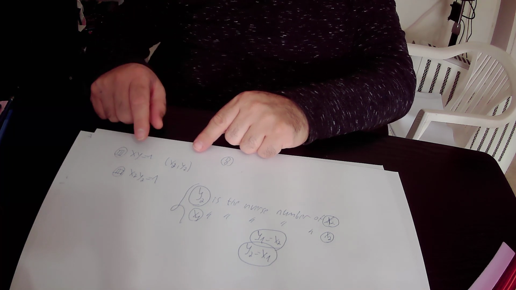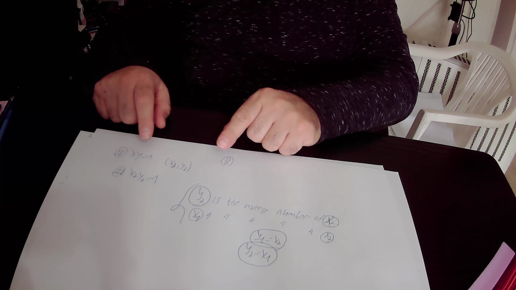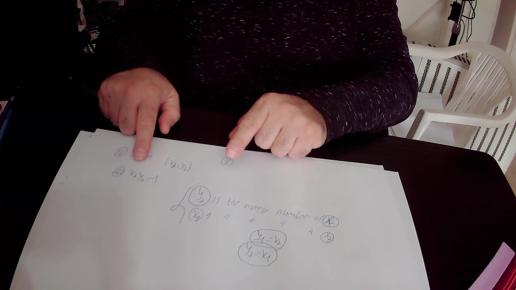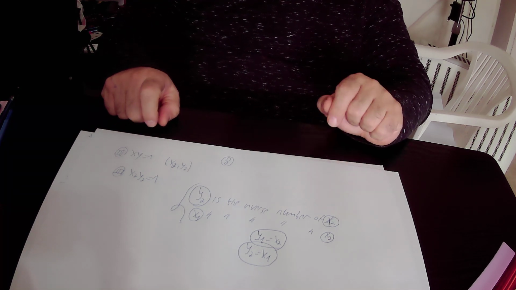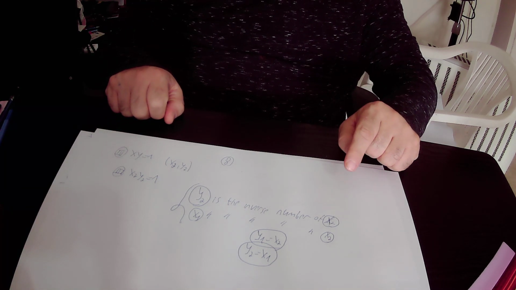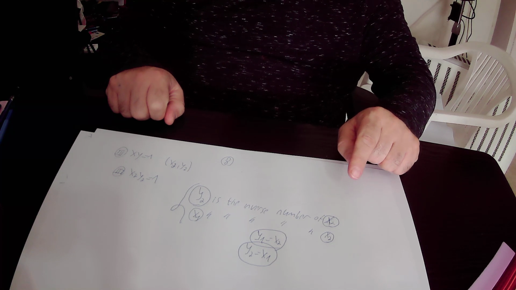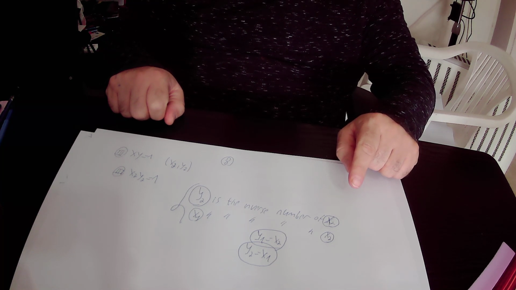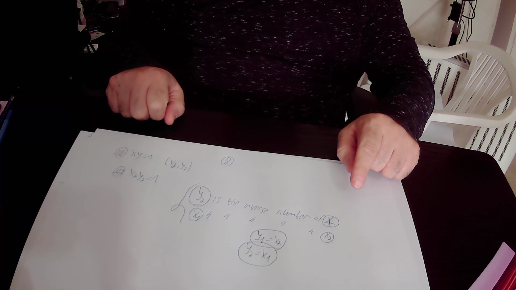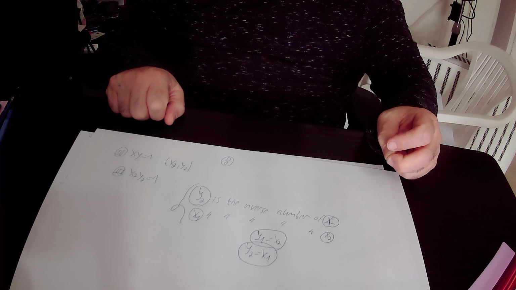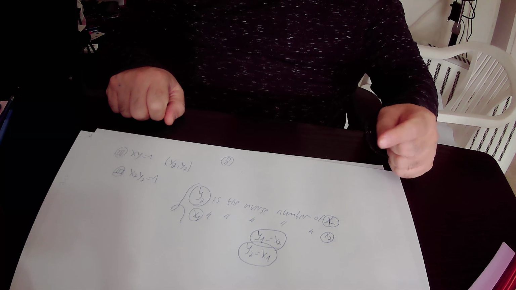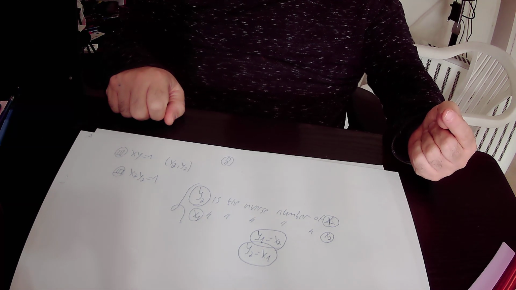And we got that x2 times y2 equals 1. What does this solution mean? It means that y2 is the inverse number of x2. But we have already found out that x1 is the inverse number of x2. And every number has only one inverse number. x2 has only one inverse number.